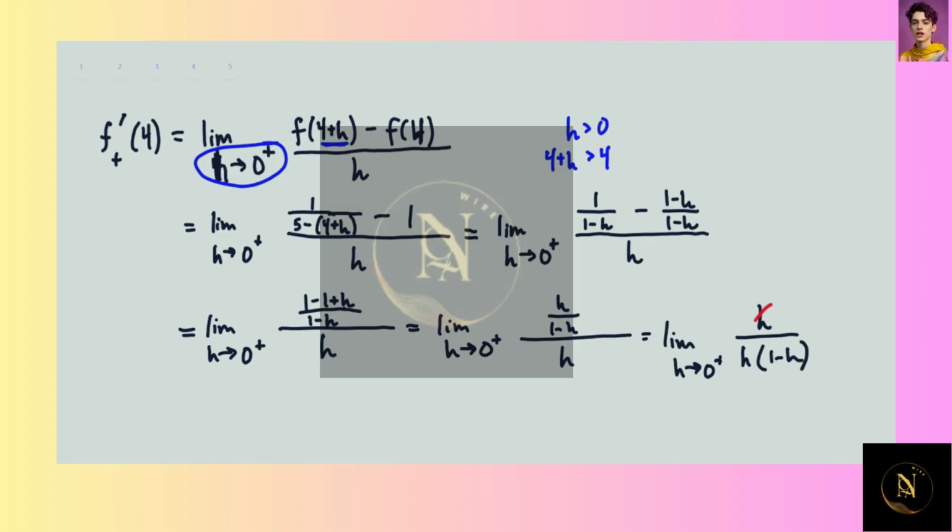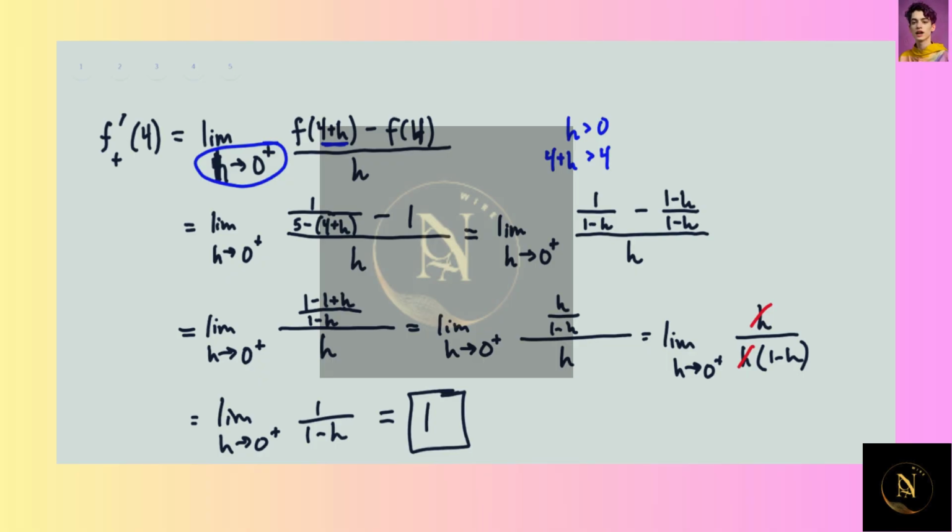And once again, since h is never equal to 0, we're simply approaching 0. Those h's will cancel. And hopefully we can see that we are left with the limit as h approaches 0 from the right of 1 over 1 minus h, which is 1.